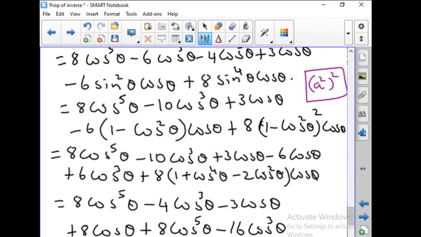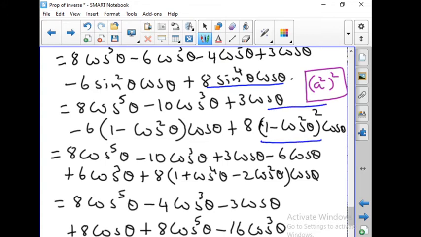So see the fourth term: minus 6 into 1 minus cos square theta into cos theta. Then see the next one, sin power 4 theta we are having. Sin power 4 theta can be written as sin square theta the whole square.